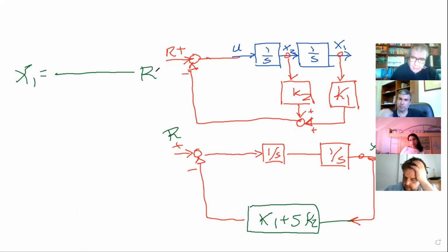In the upper floor, no primeiro andar, 1 divided by s square. And in the lower floor, it's a loop gain: 1 plus 1 divided by s square times k1 plus sk2.